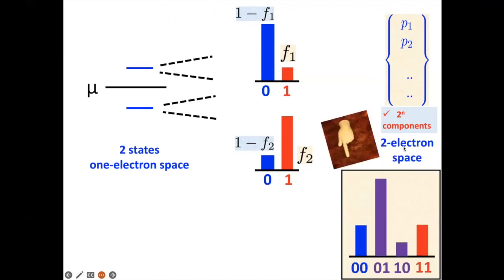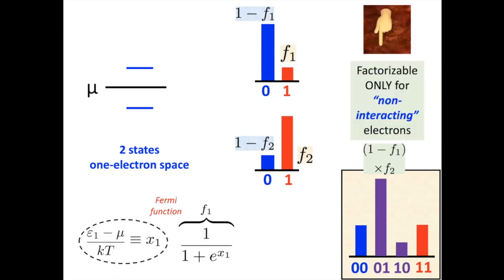Now, usually we think in terms of the 1-electron space, but you could write down the probabilities in the 2-electron space: what's the probability both are unoccupied, or one is occupied, or both are occupied, etc. Now, of course, usually we'd say, if you want to know the probability of 0, 1, that the first one is empty and the second one is full, it's just 1 minus F1 times F2. But this factorization only holds for non-interacting electrons.